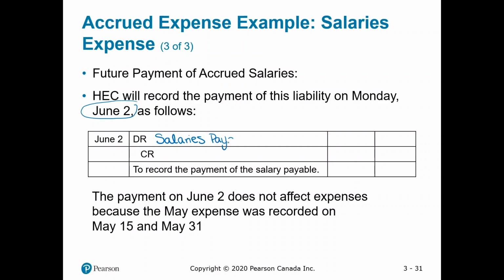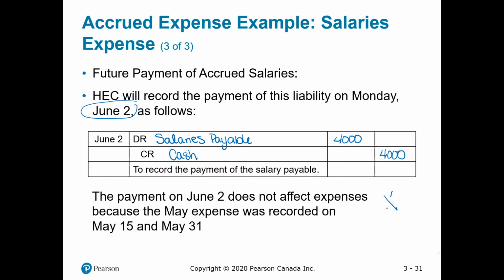We set up that payable at the end of May, and now we need to get rid of it because we're paying it off. So we decrease salaries payable through debiting it, and we will credit cash because we're actually giving them their paychecks on this day.